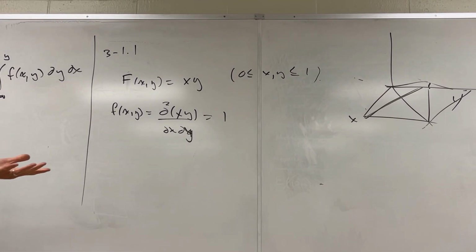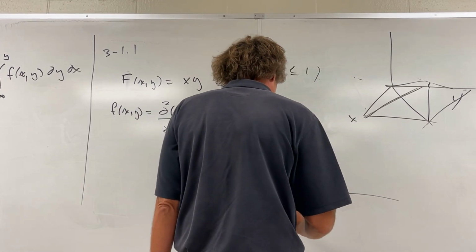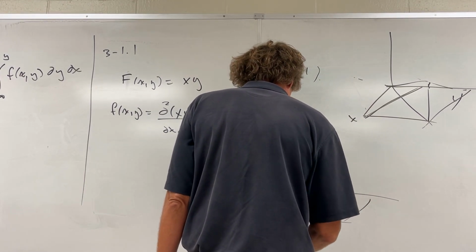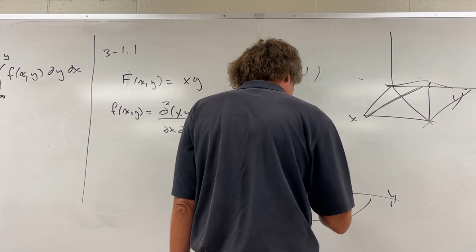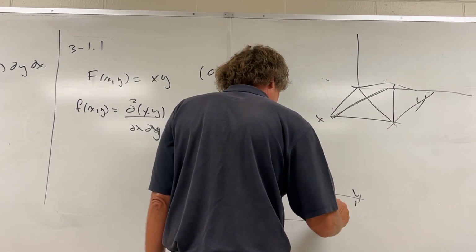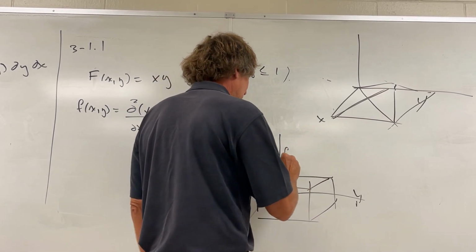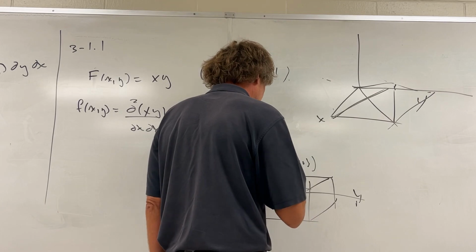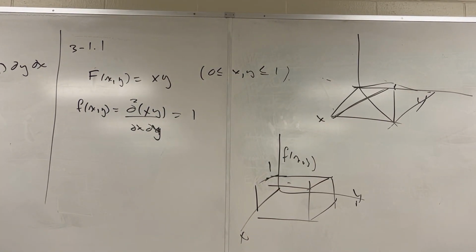Well, this is a volumetric thing, right? I mean, it's a surface, really. So if this is x, this is y in this direction, it's just going to be a box of height 1, right? Y'all follow me on this, I think, right? That's it. So this would be f of x, y, it's just 1. That's the only thing he was trying to get out of that. You sketch it any way you want, but y'all with me?